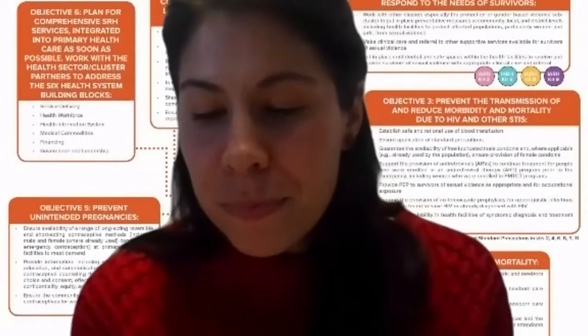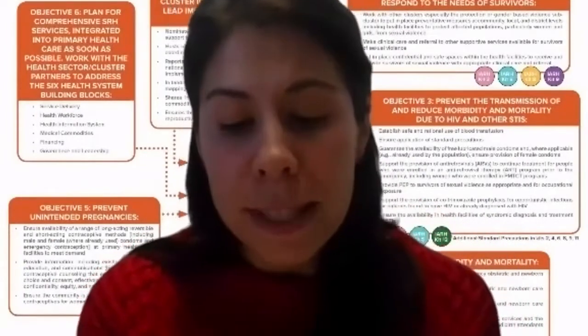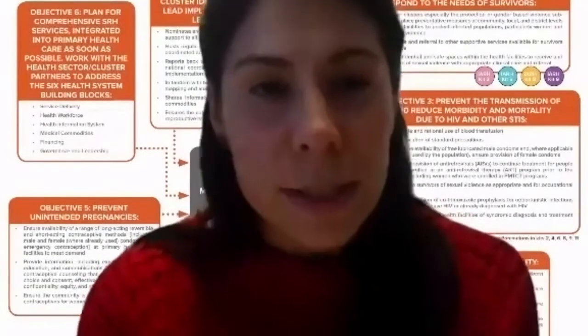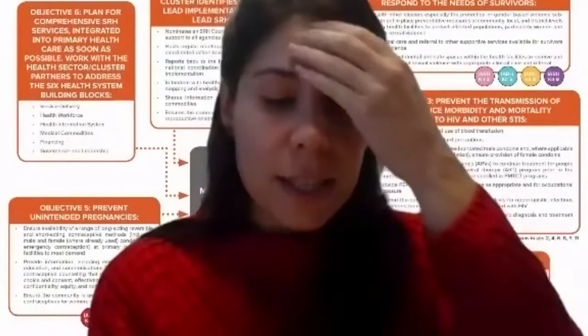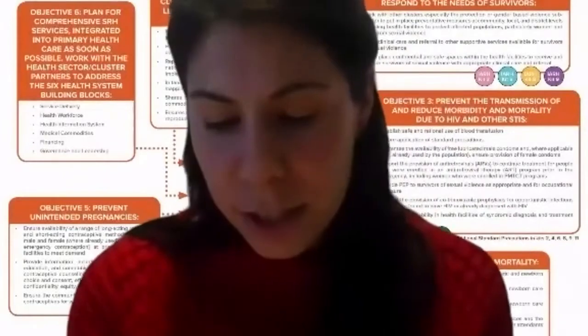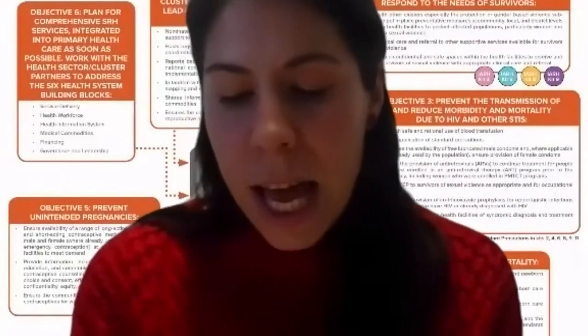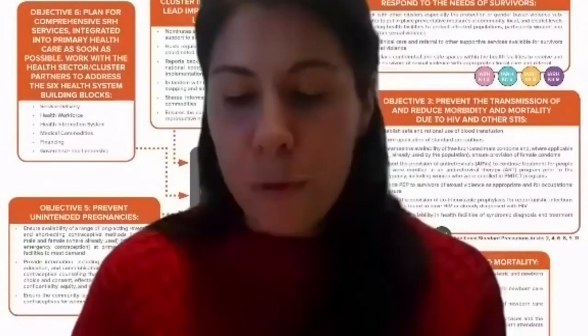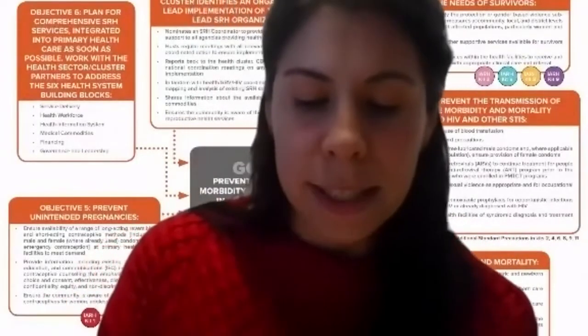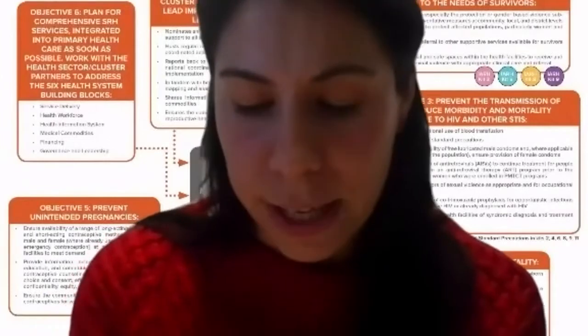So today we'll talk specifically about MISP. What's the MISP? The MISP is the minimal initial service package in sexual and reproductive health services. It's a coordinated set of priority actions to be implemented at the onset of a crisis.